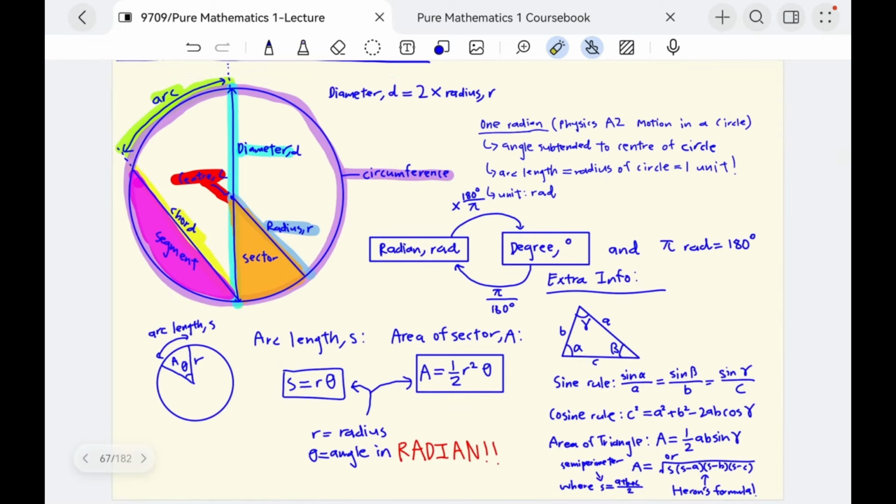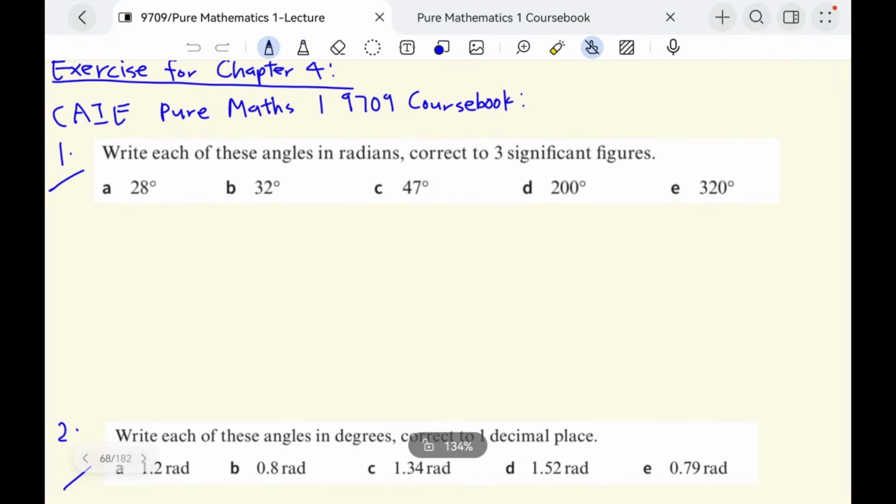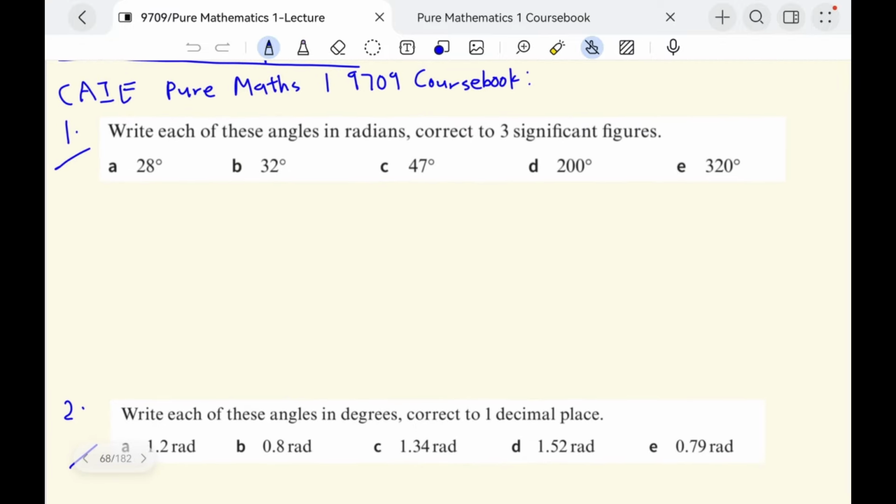So yeah, that's the end of this discussion of this chapter. Now let's proceed to the exercises before I end this video. Now is the exercise for chapter 4. Let's take a look at the first question. As I mentioned in the post, I'll only discuss some of the questions with you. The rest of the questions you need to try out by yourself.